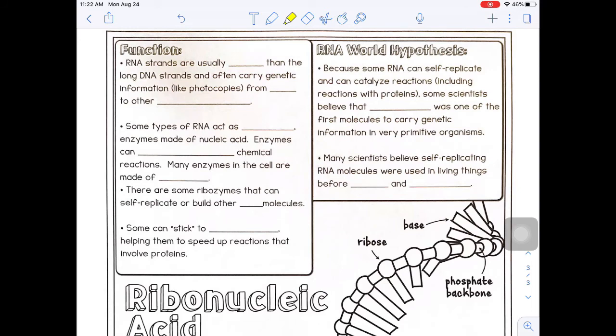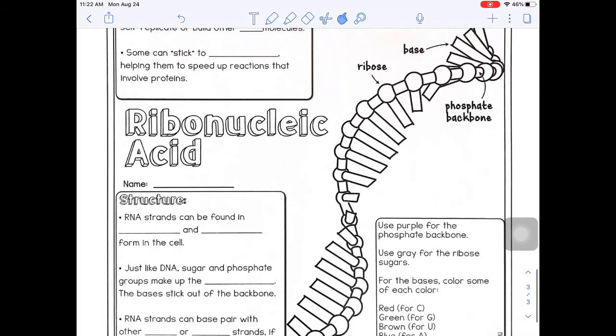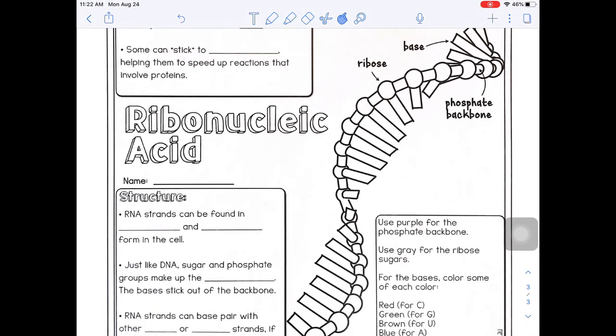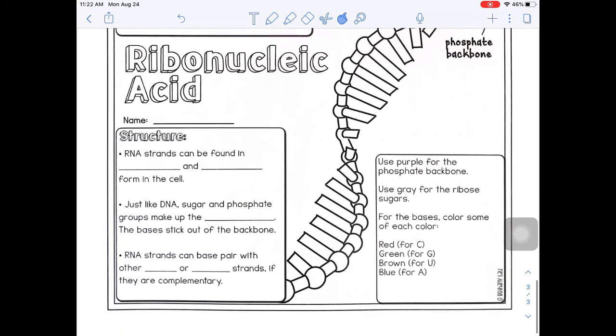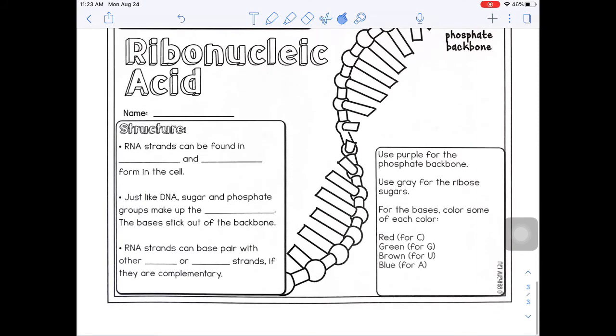All right, on this page, you are also going to color in ribonucleic acid, single-stranded. It's going to have a different nucleotide base. Instead of thymine, it has uracil. So the structure of RNA: RNA strands can be found in the single-stranded and double-stranded form in the cell.